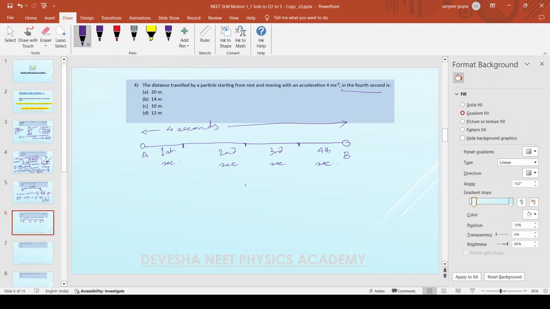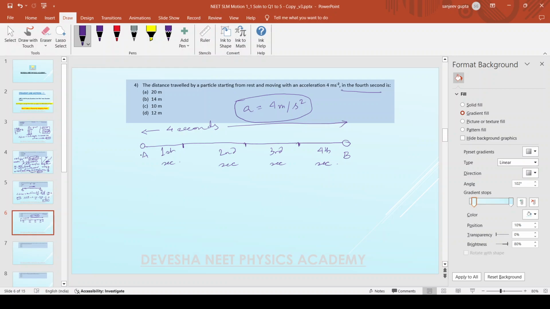So in 4 seconds this body moves from A to B, and the acceleration is given to be 4 meters per second square. We need to know how much it is traveling in the 4th second. How do you do that?